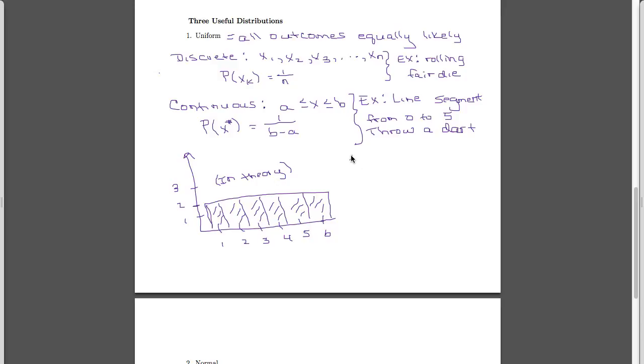What tends to happen is in practice, you don't exactly see that. So maybe what you see is something like a 1, a couple 2s, a 3, a 4, a couple 5s, and maybe a 6, right?